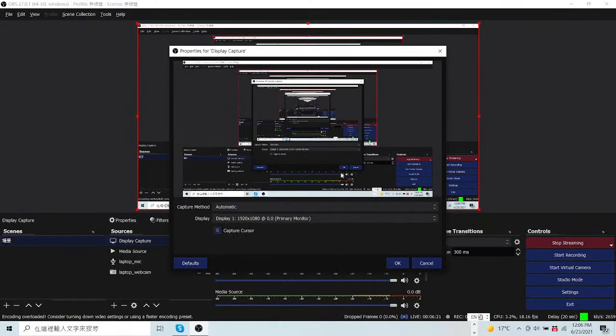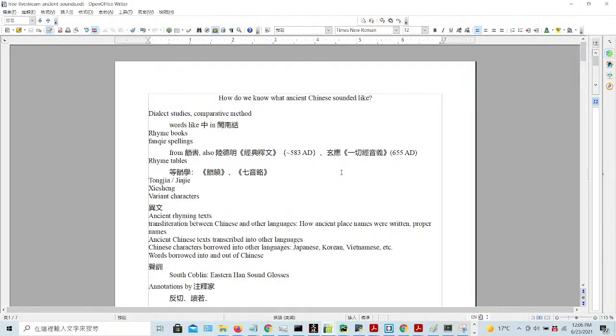Oh, display capture. Okay. Okay, there we go. Right.